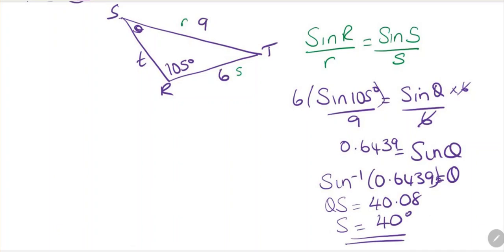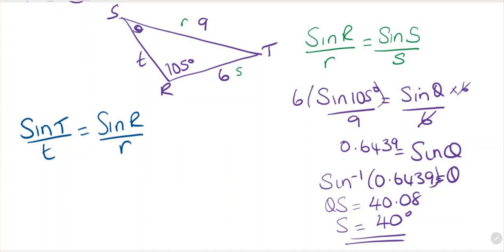So now we're going to look at angle T. So the sine of T over little t is equal to the sine of r over little r. Now we need one of the angles or the sides to work out the sine of t. So we need to find the angle.